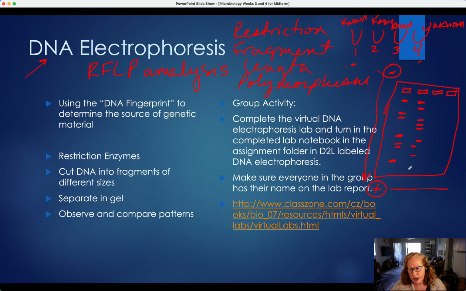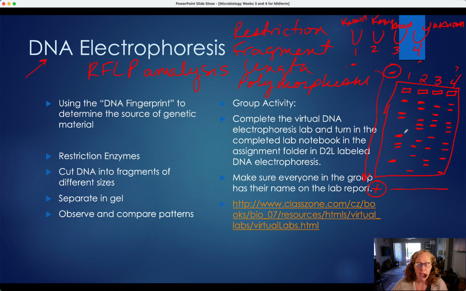Pardon how unstraight this is. All right, so here I have tube 1, 2, 3, and my unknown here in 4.